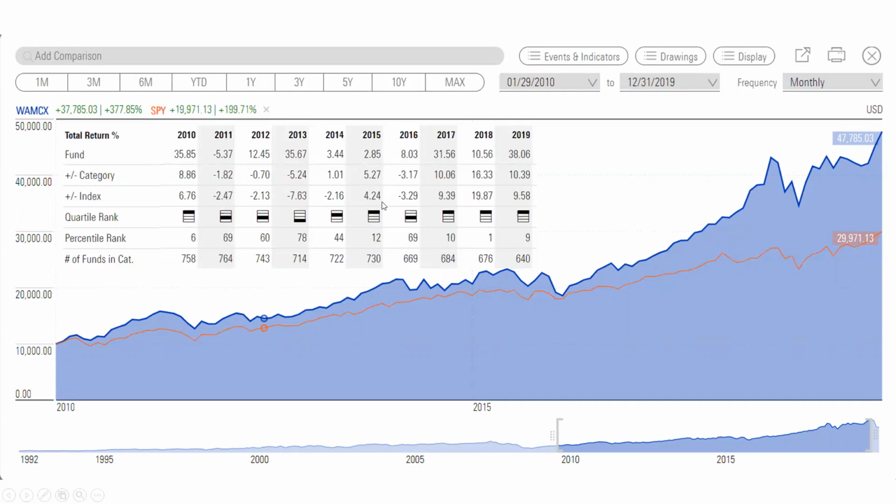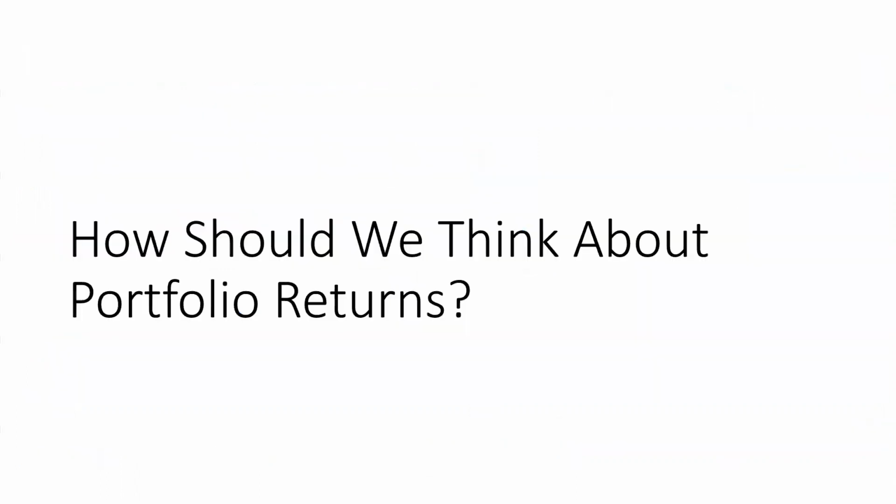Notice especially that over the last 5 years, this fund has been going gangbusters, looking really good compared to its category and compared to the index. Okay, great. With every layer of information that we add, we're getting a better feel for how well this particular fund performed.